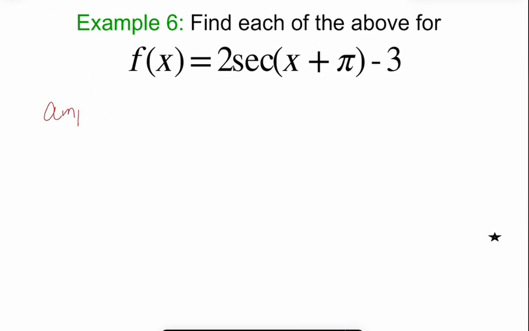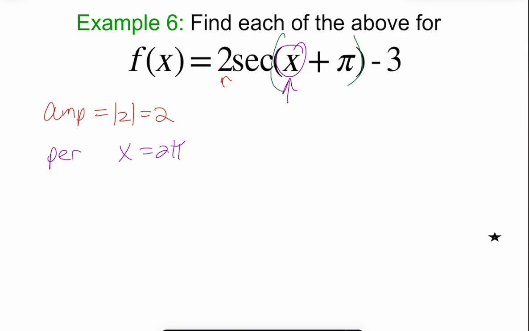So remember, the amplitude is just the absolute value of this front number. The period, you're just going to set that term right here equal to 2 pi. And if there was any coefficient on your x, the period would change.